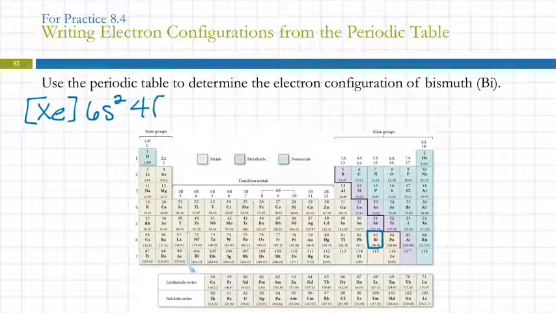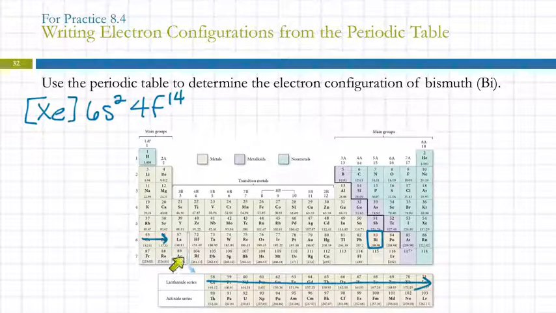How many electrons would that be? 14. I don't know why I didn't ever notice this before. The F has 14. 14 starts with F. 4f, so we're going across here. We got those guys, we got these guys.